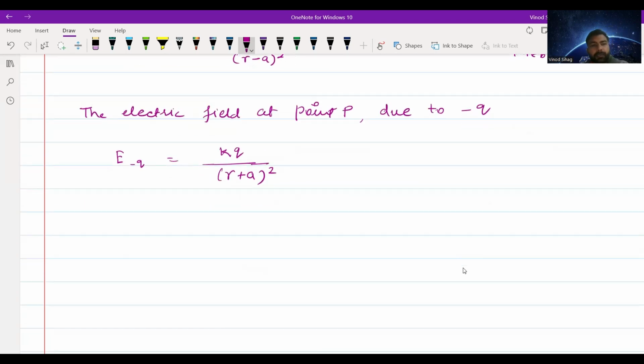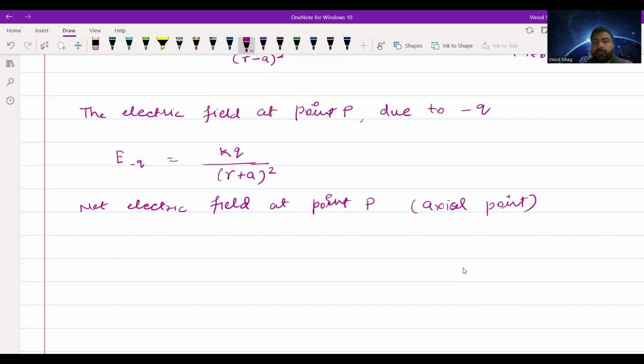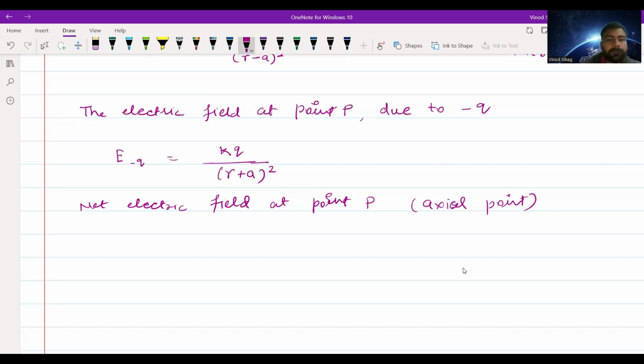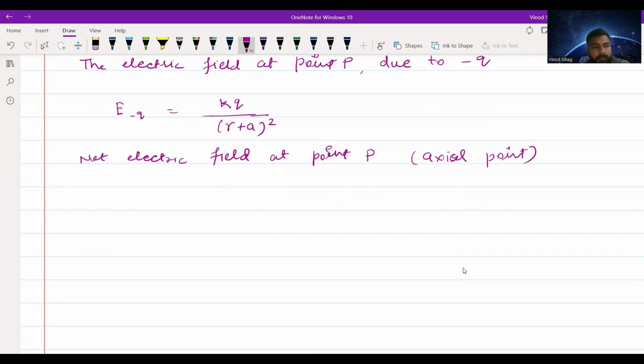Now the net electric field at point P, और point P कौन सा point बोला जाएगा? It is an axial point. तो उस point पे क्या होगा?